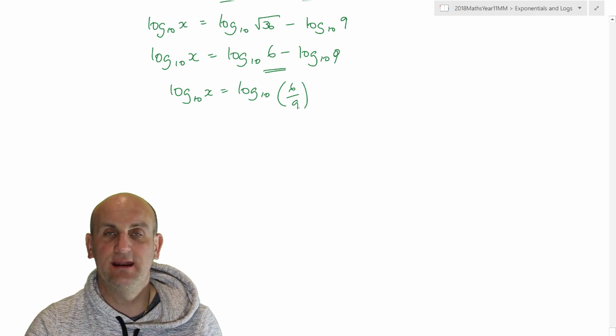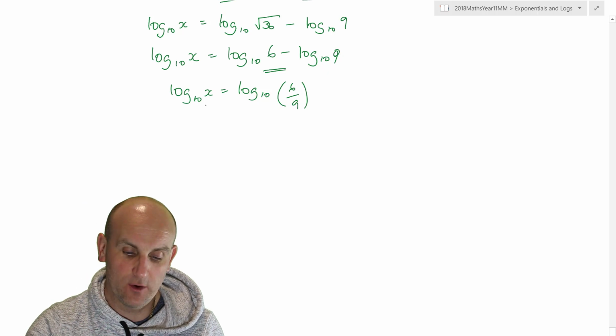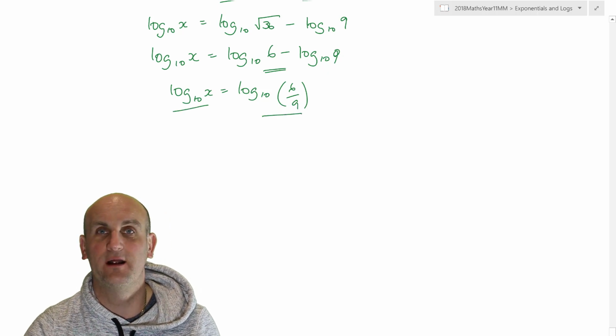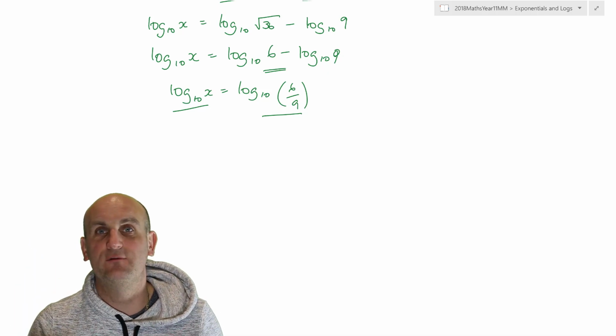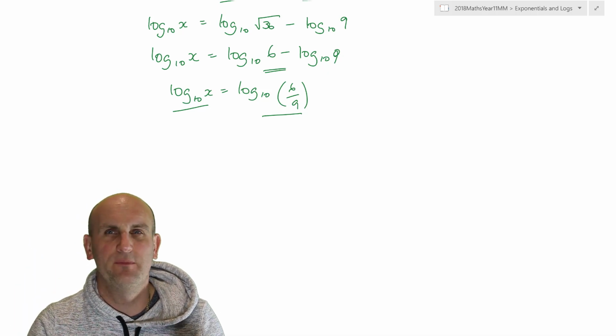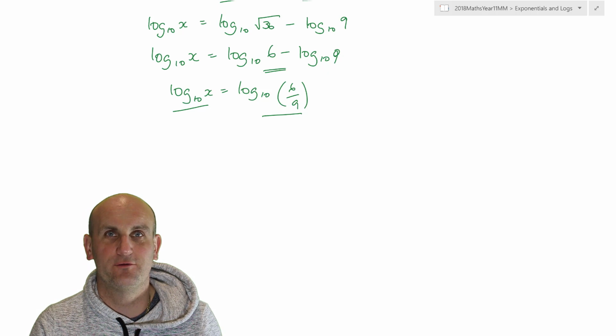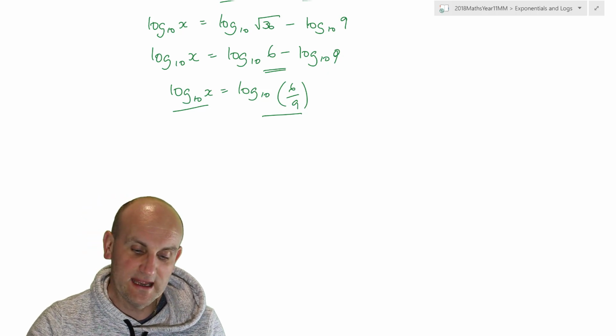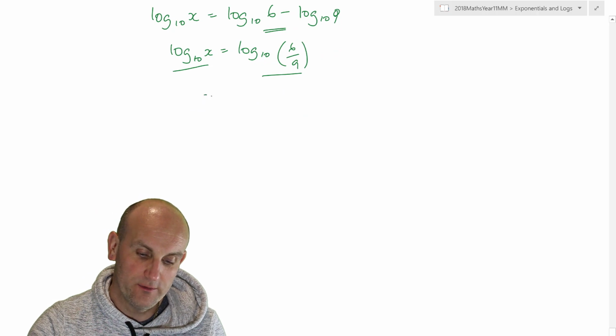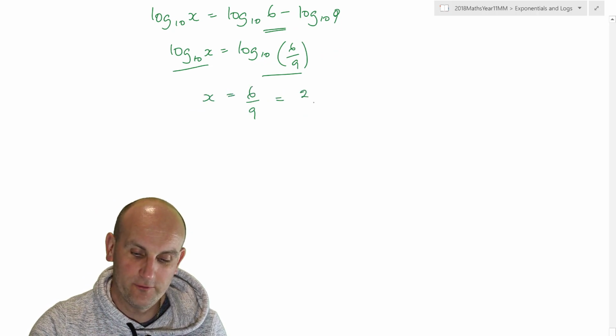Now, I can simplify that down, but what I'm actually going to say is because I've got one term on the left-hand side and one term on the right-hand side, those logs now can effectively disappear. I can raise everything to the power of 10. That makes sense because this is what we're dealing with: logs are basically powers. So what we're saying is, in this situation, that x becomes equal to 6 on 9, or equals 2 on 3.